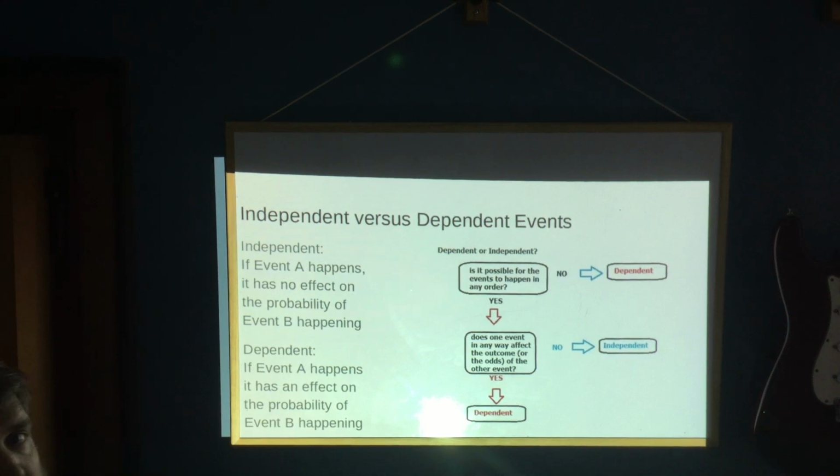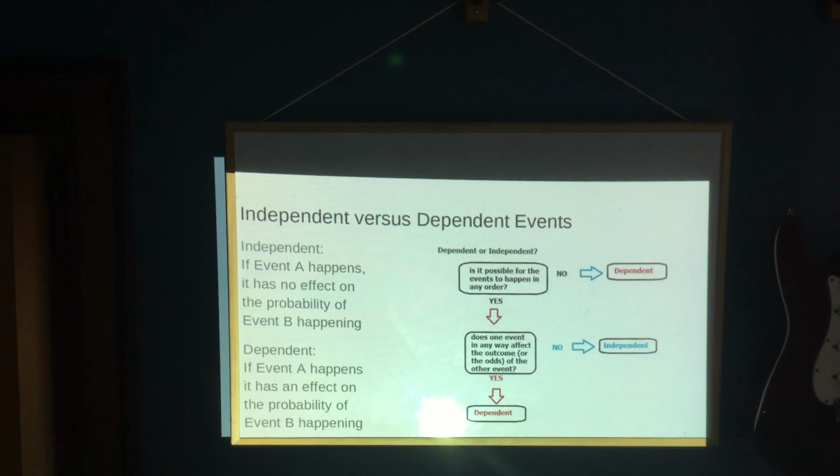But just like with OR events, we ask ourselves a question before we ever decide what math to do. With OR events, we ask ourselves, is it mutually exclusive or not? Can they happen at the same time or not? Well, now we're going to ask ourselves, is it independent or dependent?